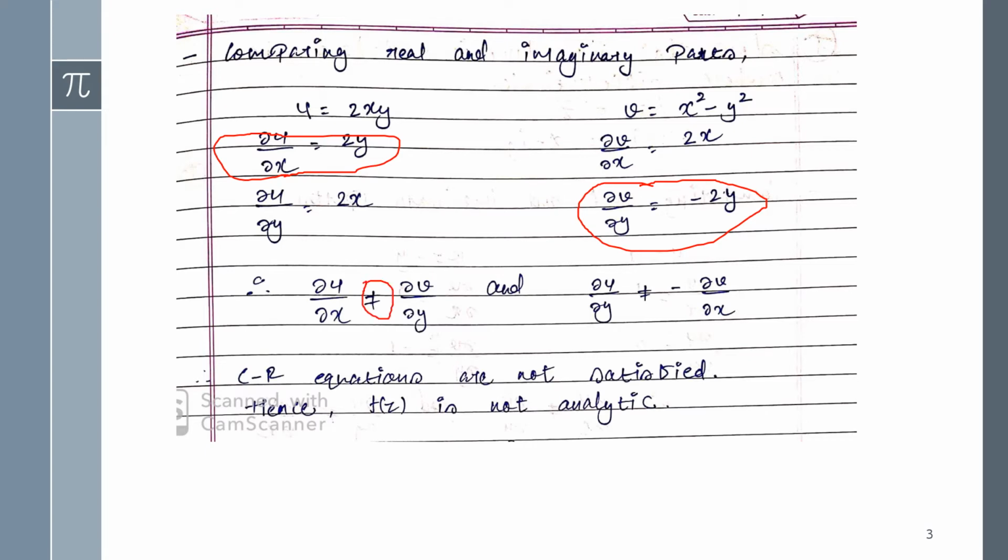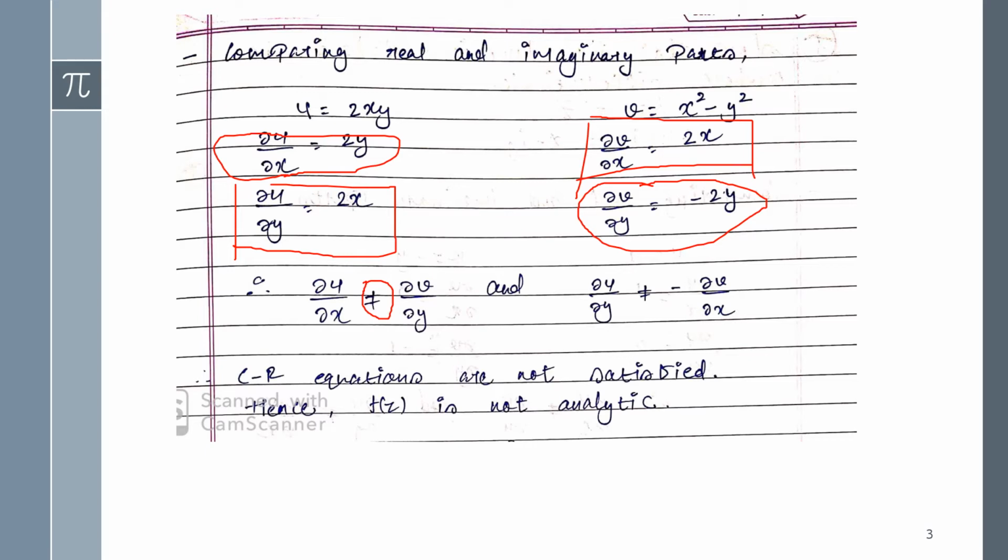And the same for the second one, uy equals minus vx. You know uy is given as 2x, while vx equals 2x, and it should be minus 2x.